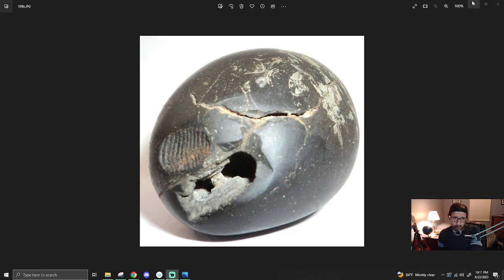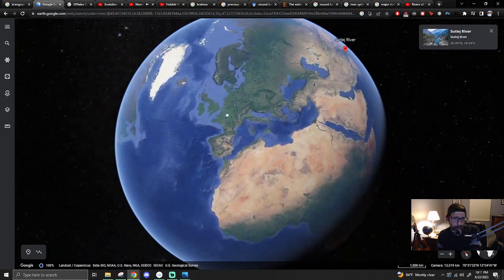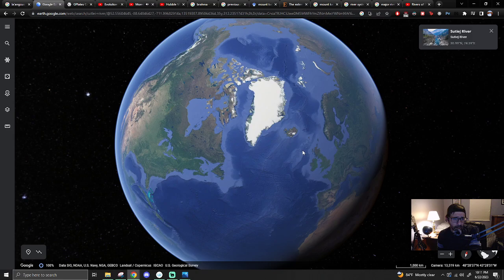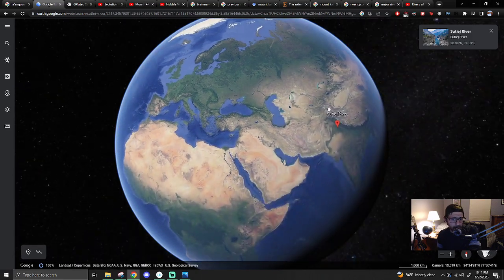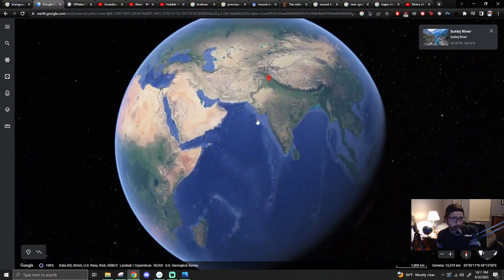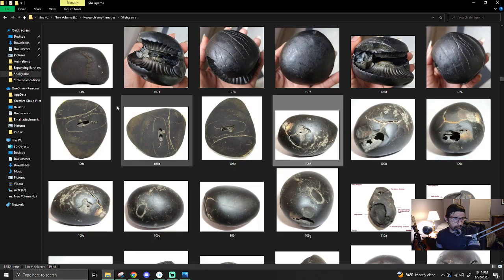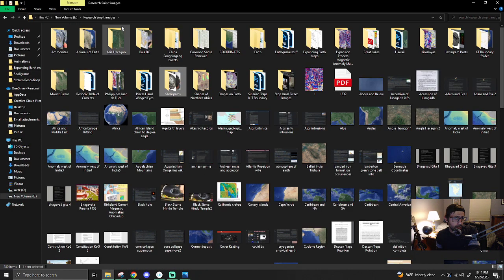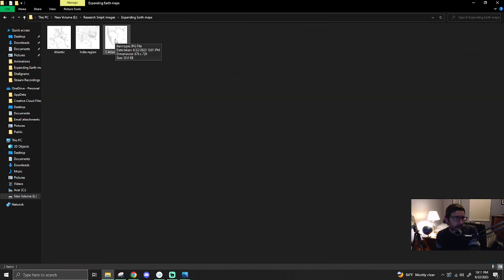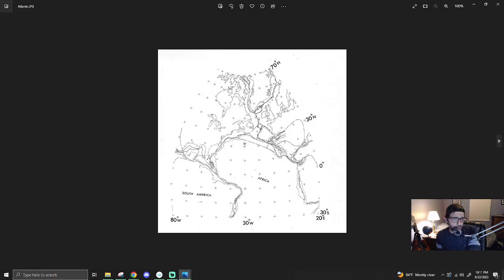I was just looking to see if maybe there's some further comparisons over here. But my thought was maybe, before the Earth expanded, so I got some pictures. Expanding Earth maps. Let's just see.